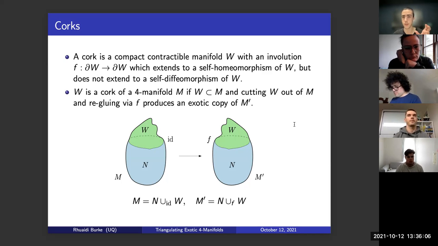So you can see maybe how this works then. If you've got a cork in a four-manifold, when you cut out the cork and reglue it via this involution, it produces an exotic copy. So then this extends to a homeomorphism of the whole manifold, but not a diffeomorphism.